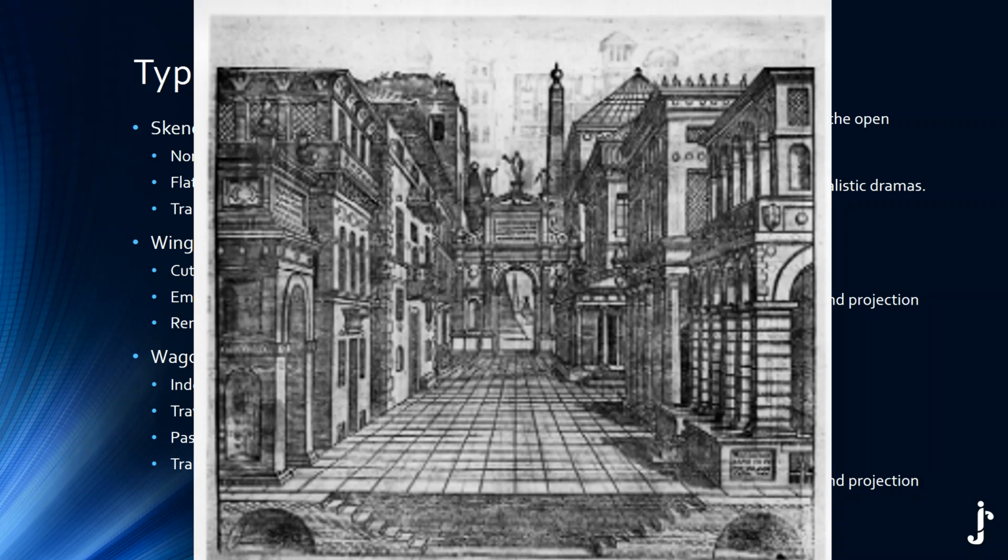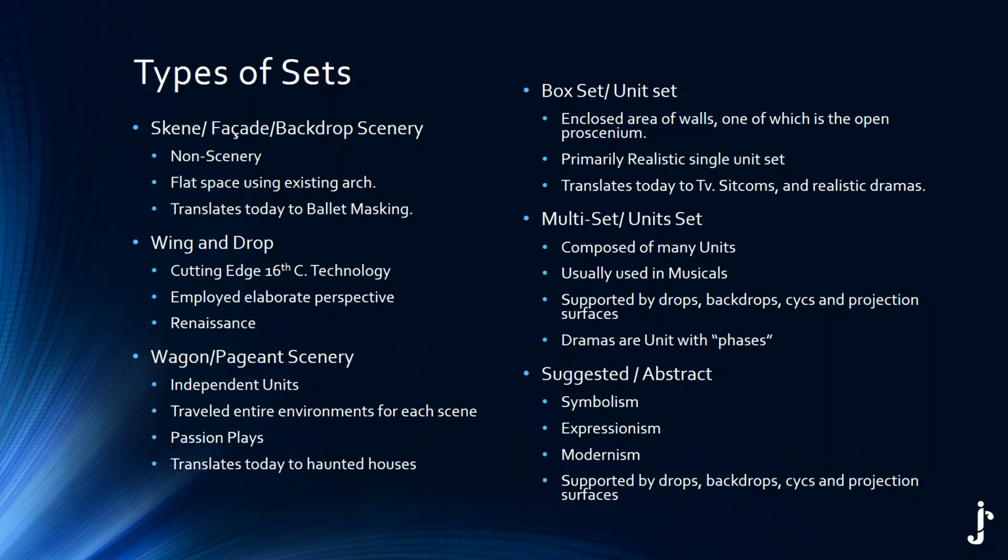But in modern applications, both of them will exist with three-dimensional pieces of scenery in addition. The wing and drop idea may or may not include perspective scenery. Traditionally, it employed elaborate perspective, and of course, it originates from that Renaissance era.